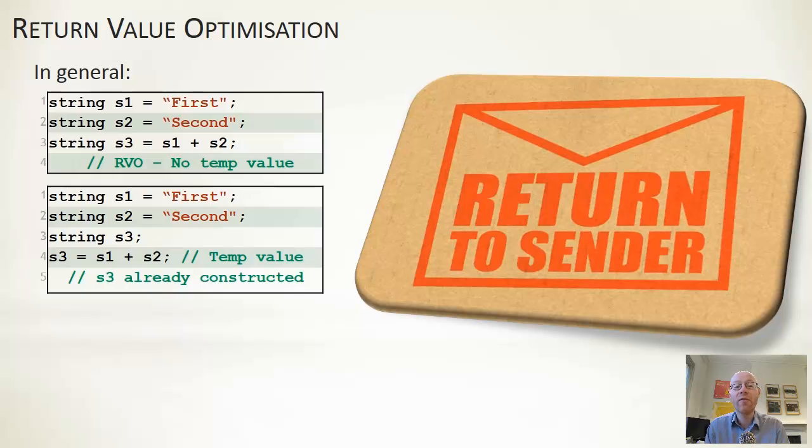So you should favor the form shown at the top, where we defer creation until such a point that we can directly construct the object, as that's more likely to be efficient in terms of object construction.